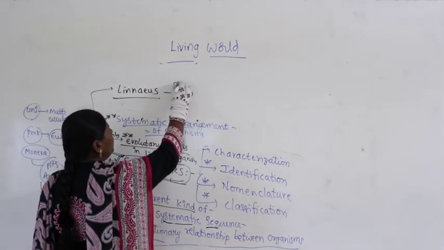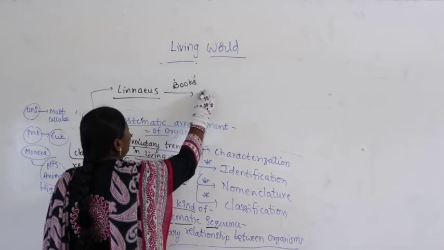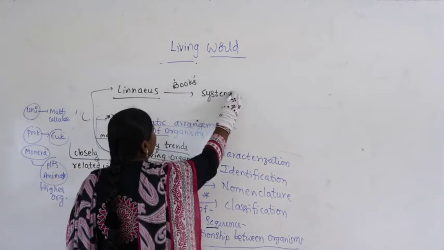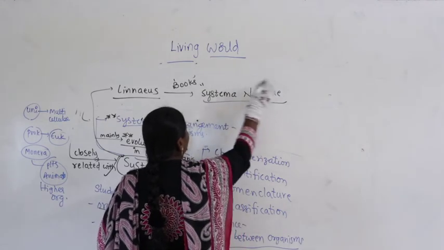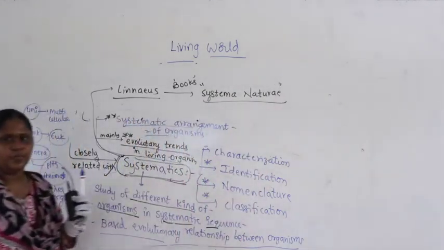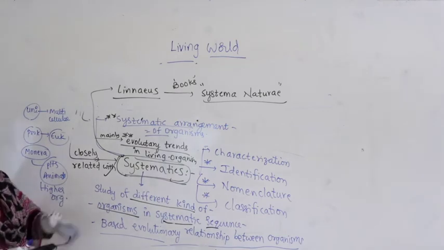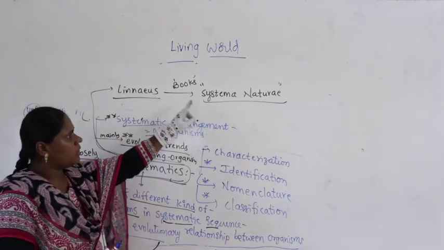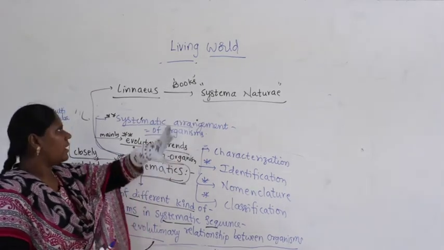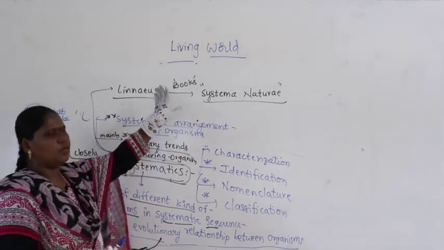Linnaeus has written two books, you know it very well. One of the books is Systema Naturae. Do you all remember? We have two. What are they? One is Species Plantarum, the other one is Systema Naturae.